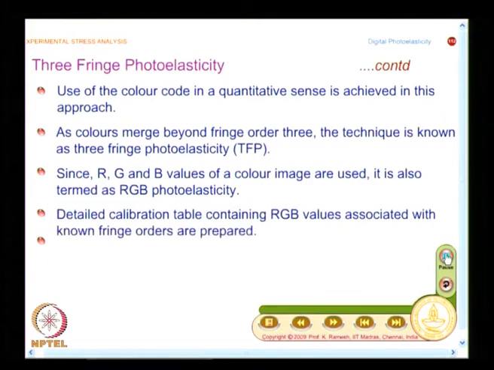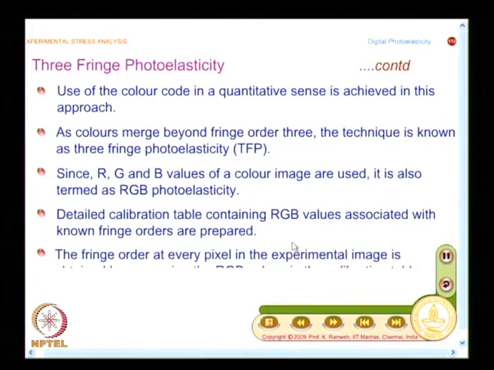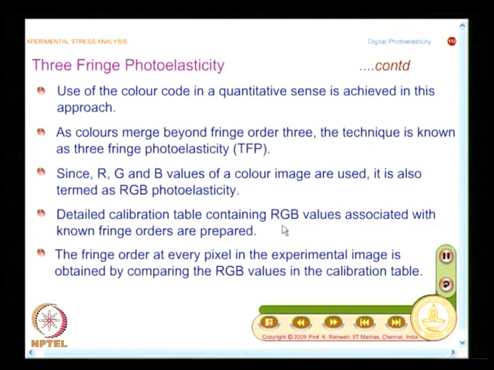And how do you do this? A detailed calibration table containing RGB values associated with known fringe orders is prepared. Essentially you take the case of a beam under 4-point bending, and we have seen we had a neutral axis where the color is black, and by increasing the bending moment I can increase the fringe order at the farthest end from 1 to 2 to 3.